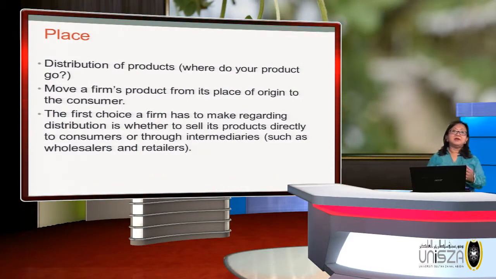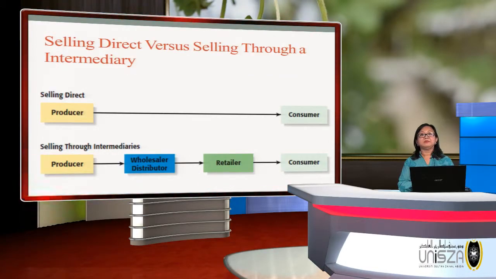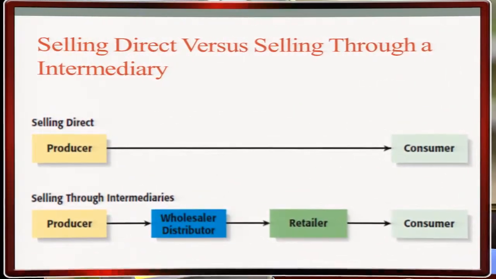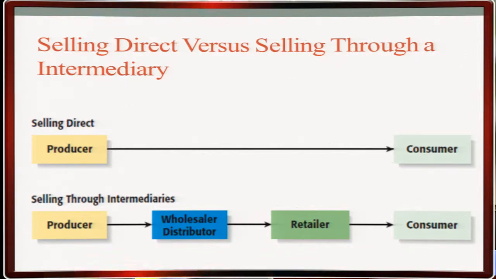So within most industries, both choices are actually available. The decision typically depends on how you believe you can reach your target market, and how they are going to buy your products. If we look at this market chain, we learn that there are two different chains of product delivery.